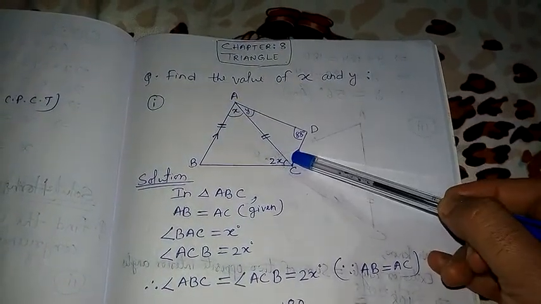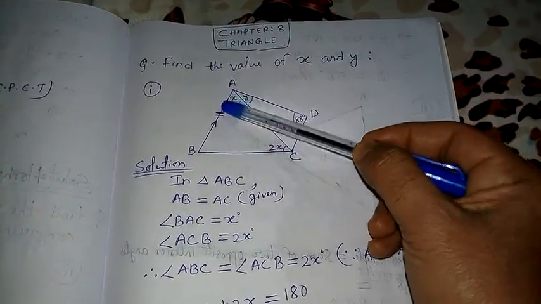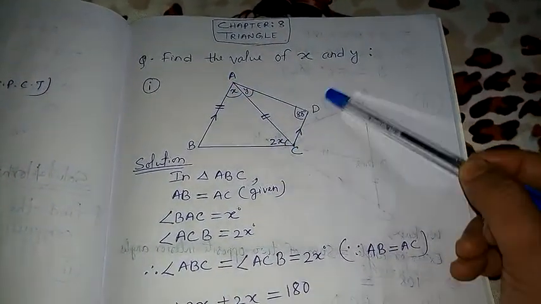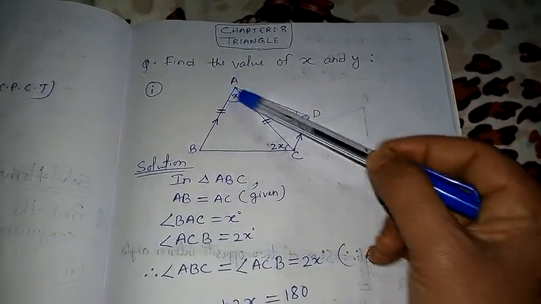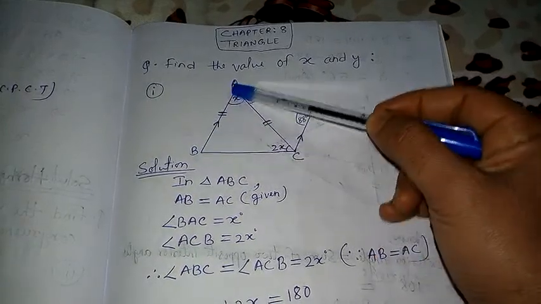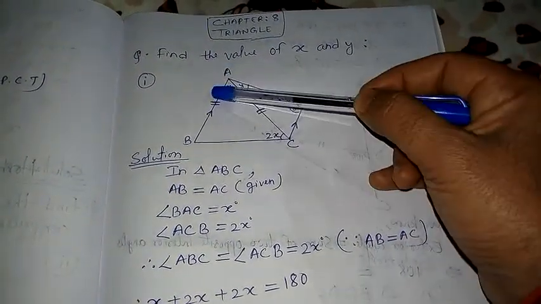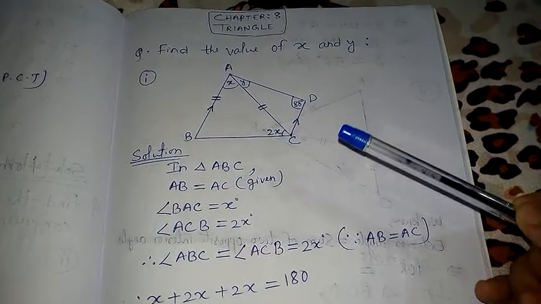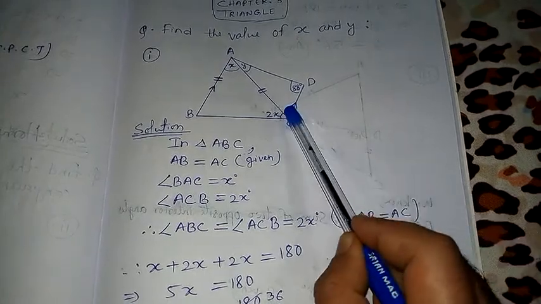These two angles, angle BAC, that means this x part, and angle ACD, that means this C, are alternate angles, because you can see the Z formation. This is the transversal and these are two parallel lines, so these two angles are alternate angles. If it is x degrees, then this will also be x degrees.